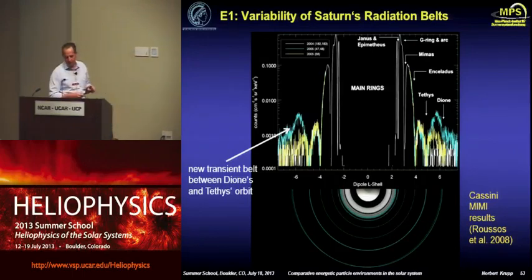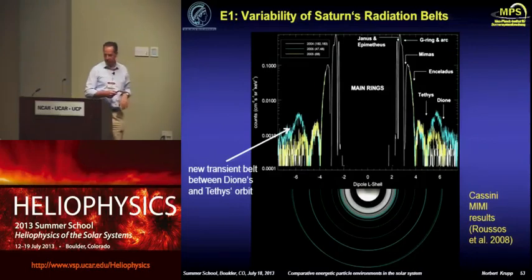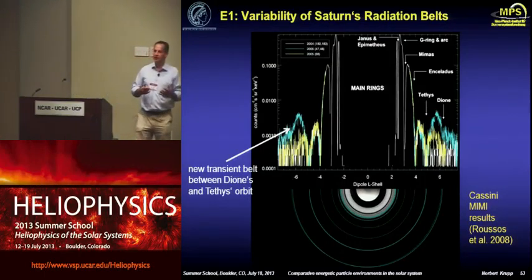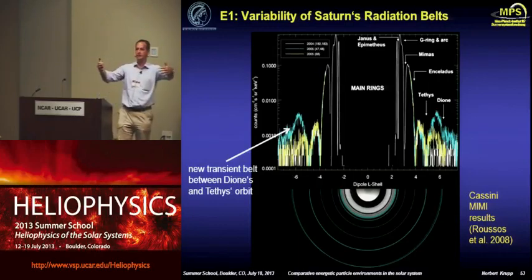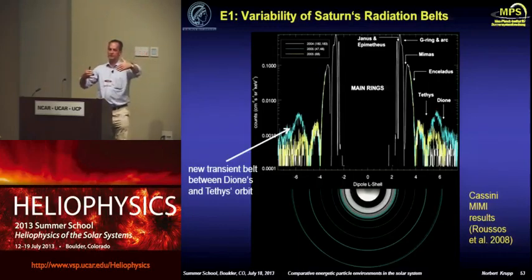And then for some of the orbits of Cassini, when we passed through this region several times, there was an additional radiation belt present, which we call the Dione belt, which lasted only for a couple of weeks and then disappeared again. Of course, we looked at events in the heliosphere, and we found that there were CMEs hitting Saturn's magnetosphere a couple of weeks before.